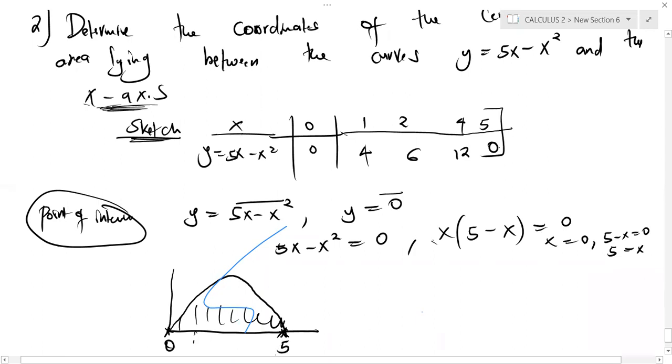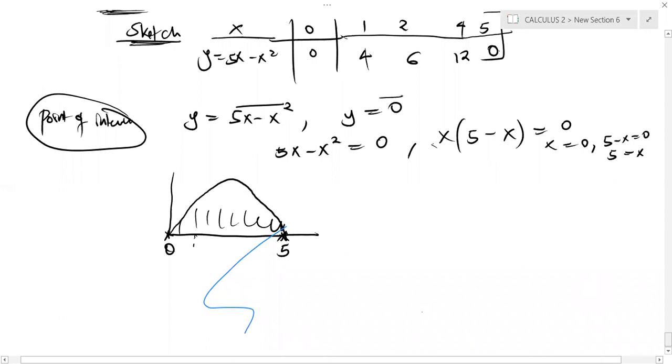Now, if we come to evaluate for x bar, y bar, what's the formula for x bar? So x bar is given by the integral from a to b, which is now the integral from 0 to 5 of xy dx. What is the value of our y? Our y is 5x minus x squared, which is the curve.